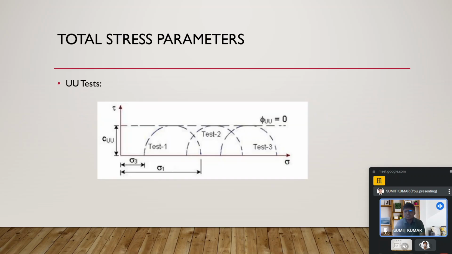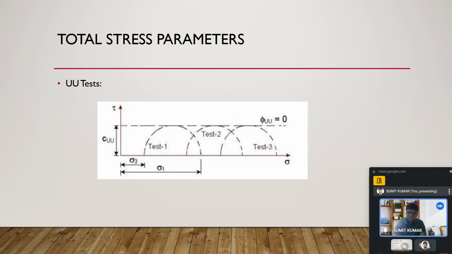So first of all, we talk about the total stress parameter. After that, we talk about the effective stress parameter. When we talk about the total stress parameter, when the UU test is performed on, suppose, clay, the values of sigma 3 and sigma 1 are plotted for finding the Mohr circle.